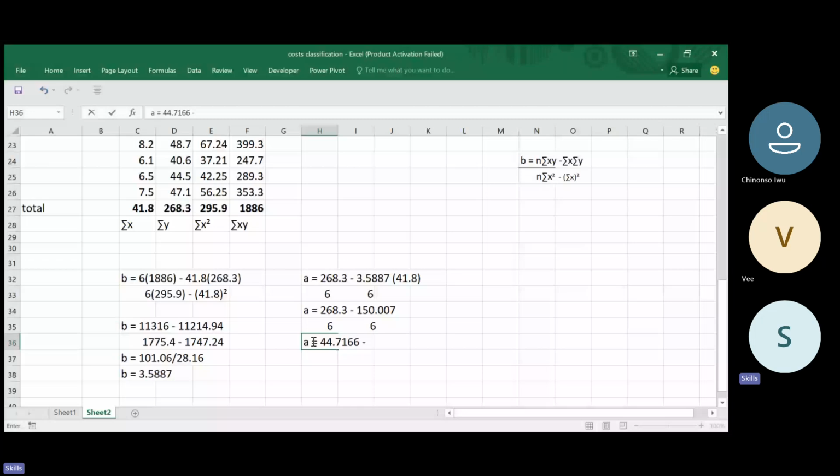You have 25.001. So now 44.716 minus 25.001. That will give you the value of A. A is equal to 19.7166. So your answer is 19.715. This is the value of A.